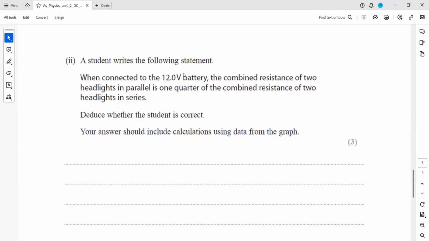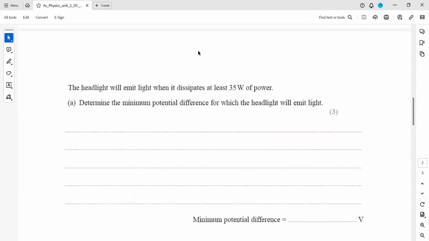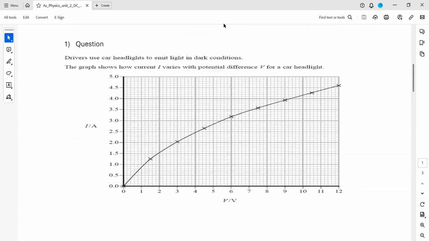So when the voltage is 12, we first find the current, which is 4.6, and the voltage, as they're connected in parallel.